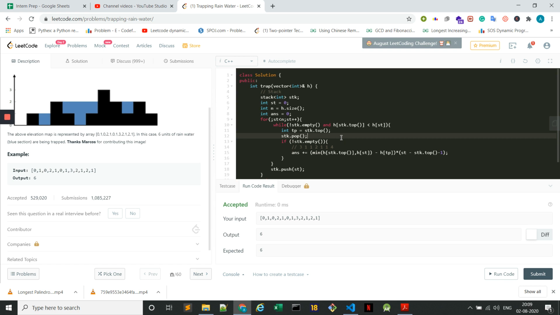So the question reduces to: given an array and a particular index, you need to find out the maximum up to that index from the left hand side, and the maximum up to that index from the right hand side. Now you just take the minimum of those two and subtract the current height from it, and then you're good to go, right? So this is the approach of the DP as well.